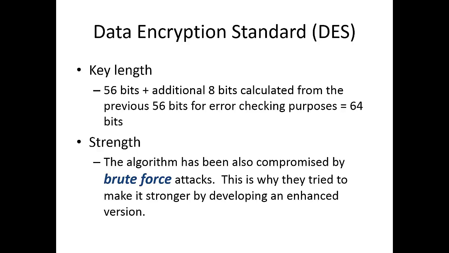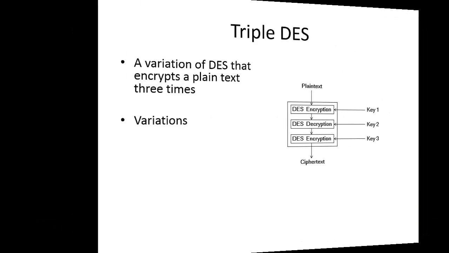The strength of this algorithm is also questionable because it has been compromised by brute force attacks many times, and this is why they tried to make it stronger by developing an enhanced version of this encryption algorithm. When I say brute force here, what I mean is people trying different keys until they find the correct key and are able to decrypt a message.